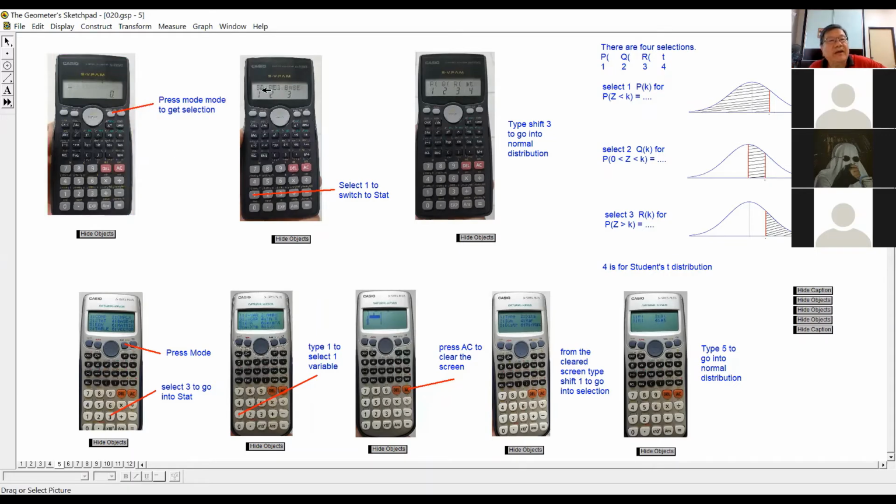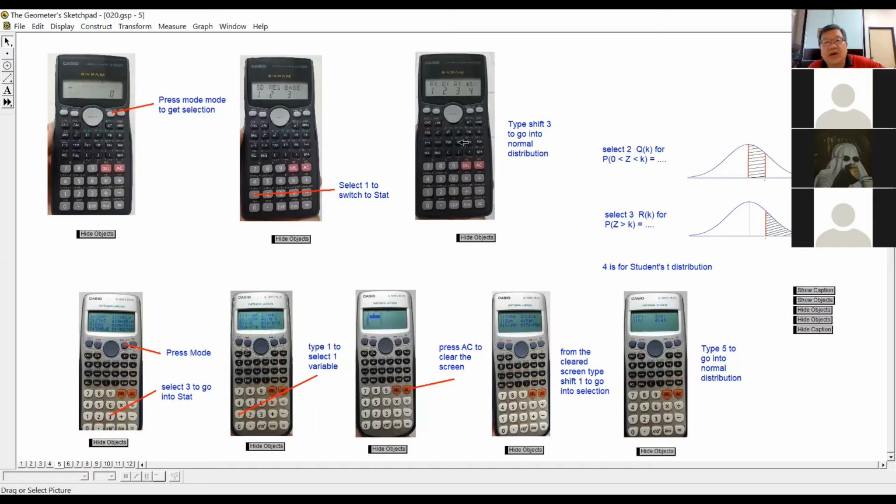We want the SD mode, the statistic mode or standard deviation mode. You press 1, then it will display this.